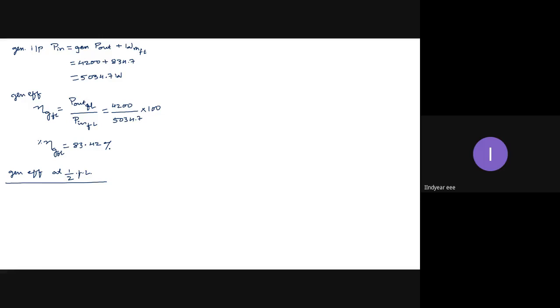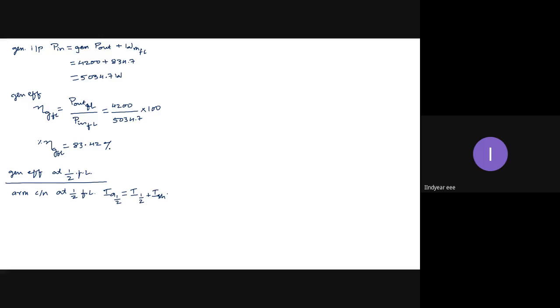So it is very important for us to know the losses at half the full load. I cannot take directly the same losses. I should recalculate the losses at half the full load. So, armature current at half the full load. I can call it IA half is equal to I half plus ISH.